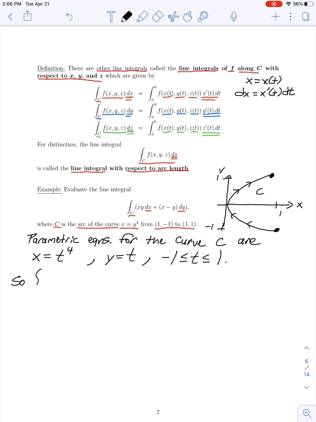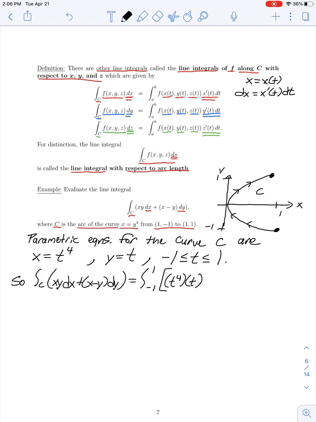So the one we were given was the integral over the curve C of xy with respect to x plus x minus y with respect to y. So setting this up as an integral in the parameter t, we would be integrating over the t interval from -1 to +1. And the first part of our integrand was x times y. So for points on our curve, x was t to the 4th, y was t.